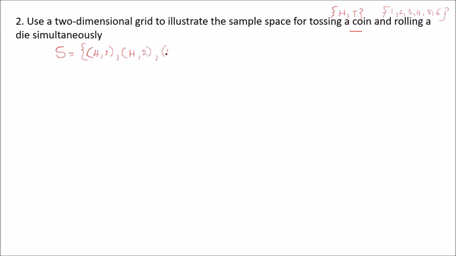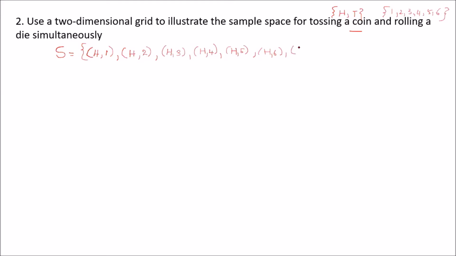Another outcome is getting head and number 3 in the die. Next one, getting head and number 4 in the die. Next, getting head and number 5 in the die. Next, getting head and number 6 is another outcome.